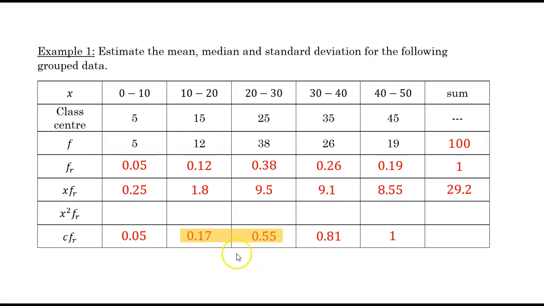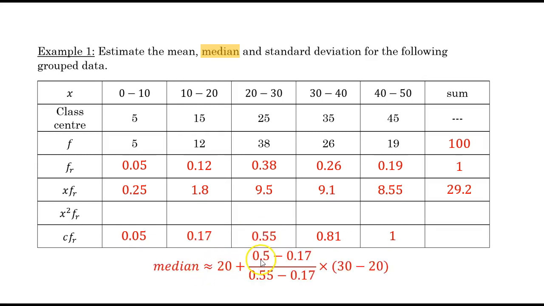So we just break that up proportionally. By that I mean, I want to go from 17 to 50. That's how far I want to go from the bottom of my range to the 50% mark. And I want that as a proportion of the width of that class, which is from 0.17 to 0.55.